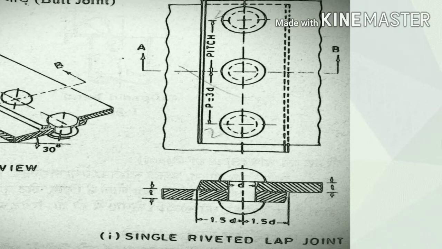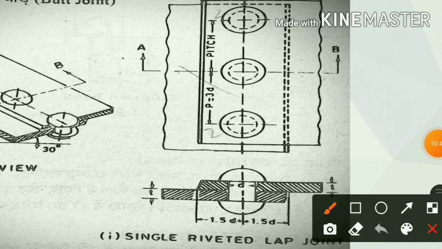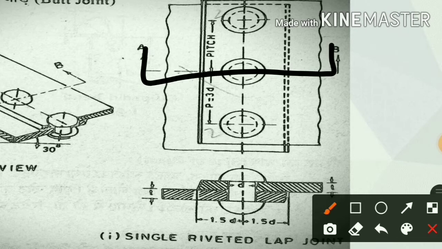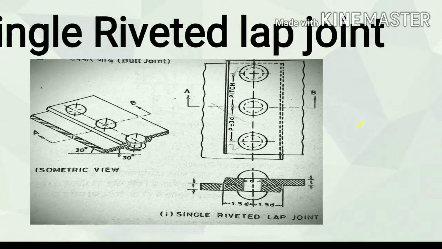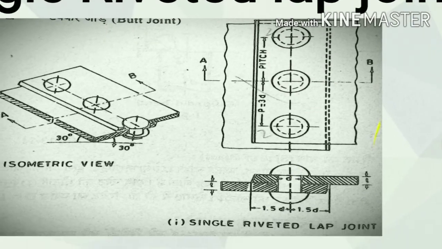When we cut the section, we find this type of section. Here T is the thickness of one plate and the distance from the plate edge to rivet center is 1.5D, where D is the diameter of the rivet. This is single riveted lap joint.